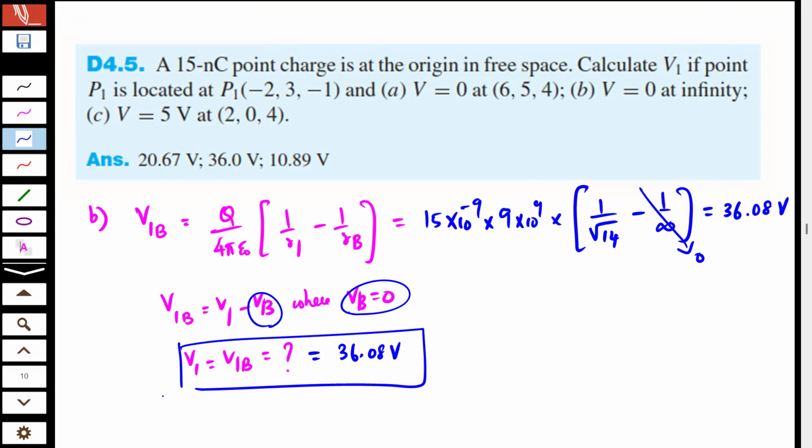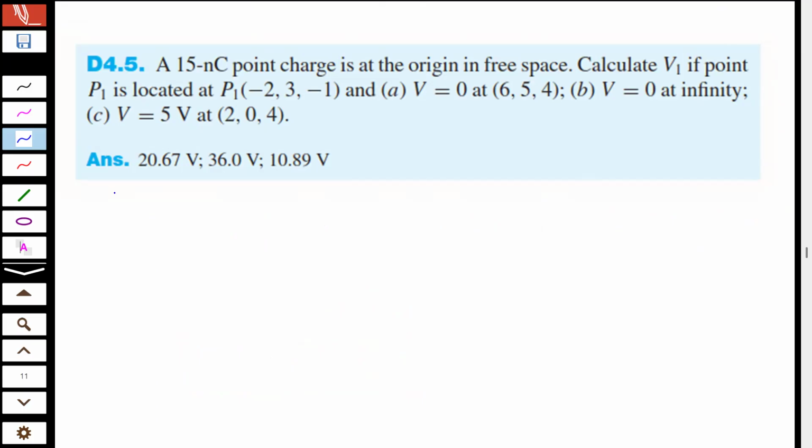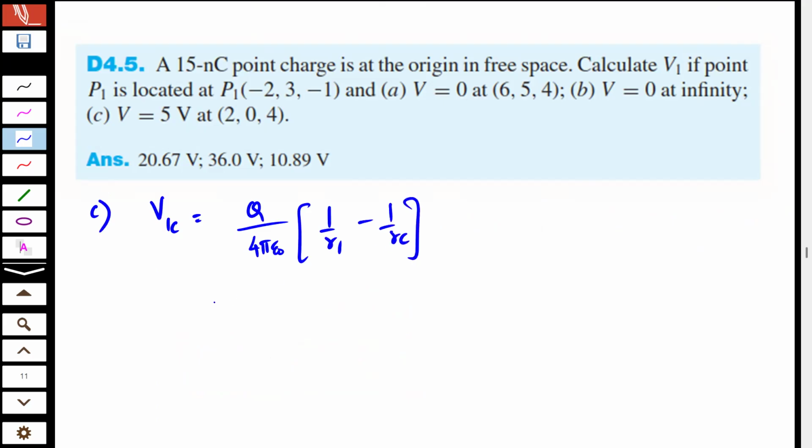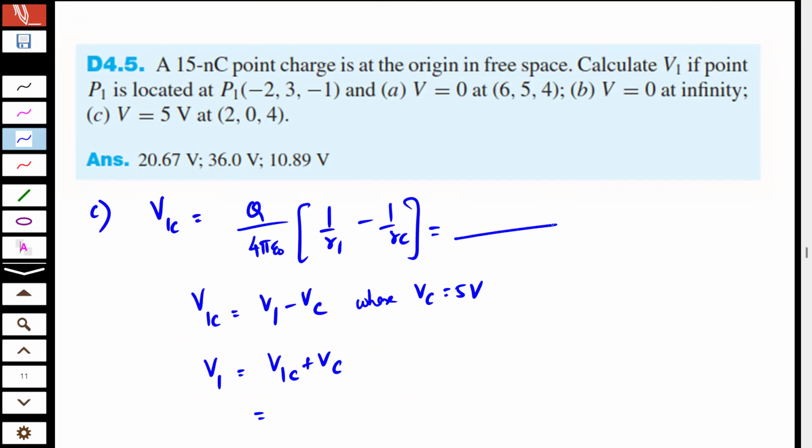Now in a similar way, we can proceed for subdivision C, where V at C is given as 5 volts. So for subdivision C, the V1C formula is Q by 4 pi epsilon naught, 1 by R1 minus 1 by RC. Here, V1C can be written as V1 minus VC, where V at C is given as 5 volts. So we should write V1 as V1C plus VC. Whatever we are finding here, that value plus 5 volts we should compute.